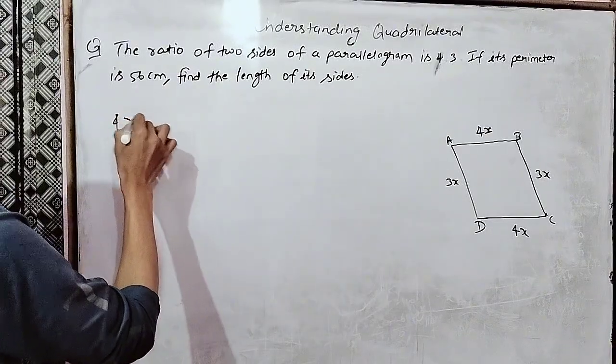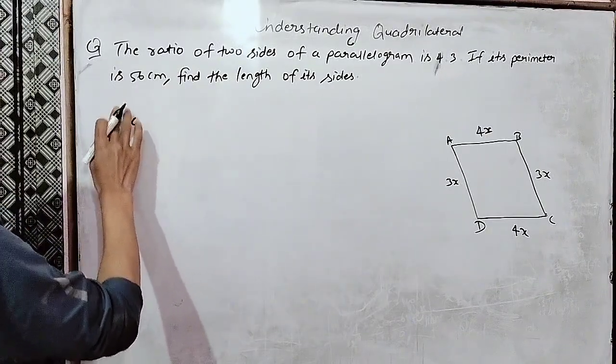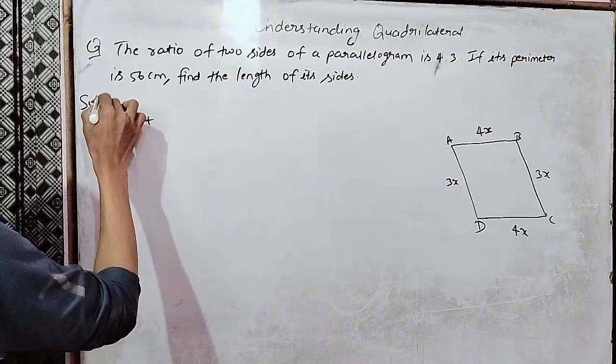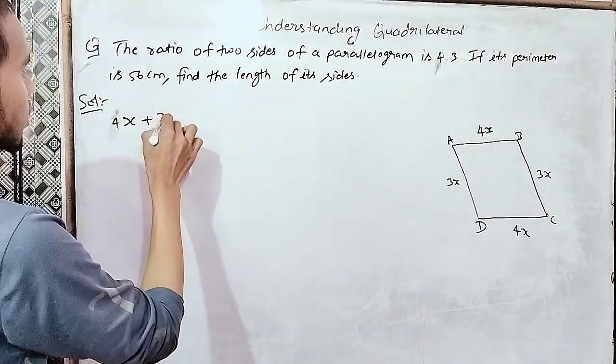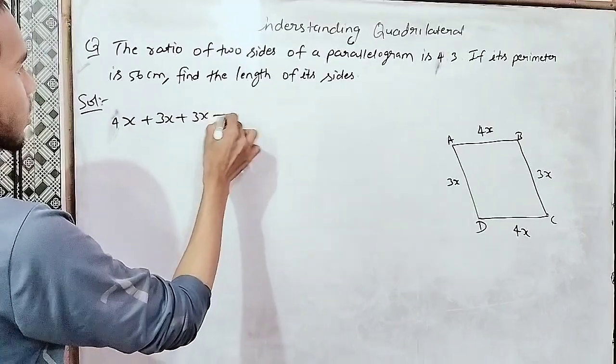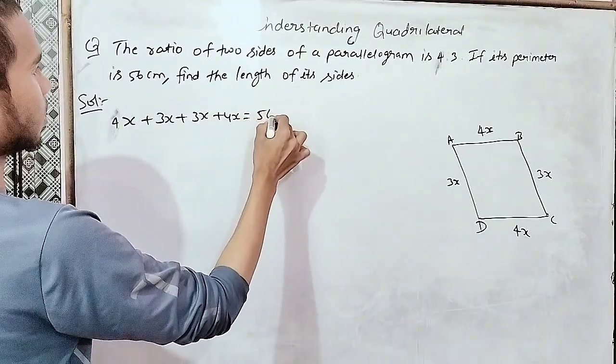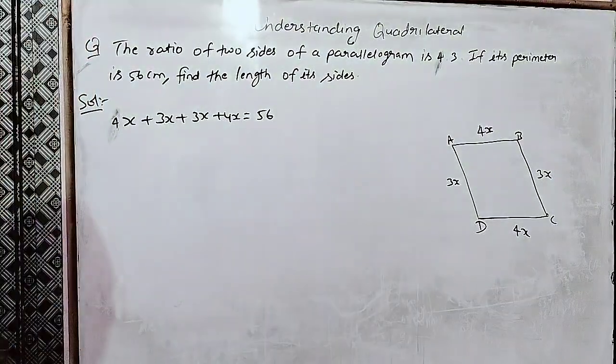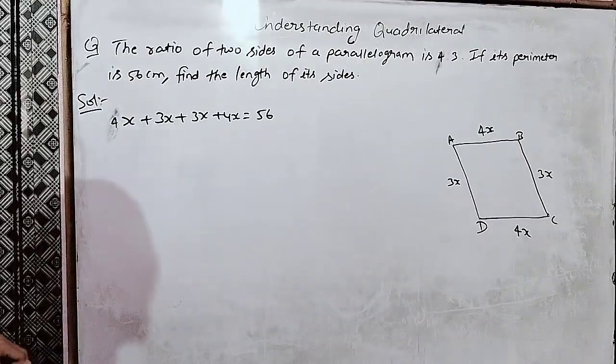So whatever we have been given, let's write first 4x, then 3x, then 3x, then 4x is how much? 56. Remember, here 56 is a perimeter. It is not a degree. It is not a value of an angle.